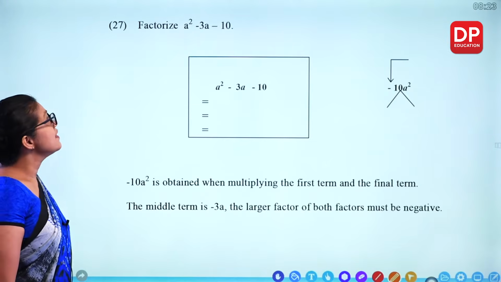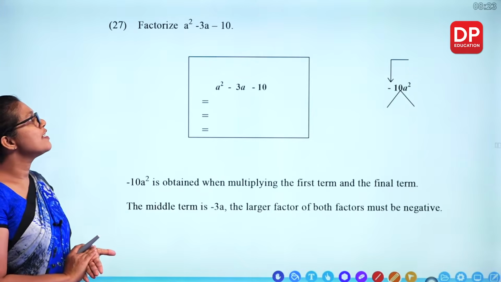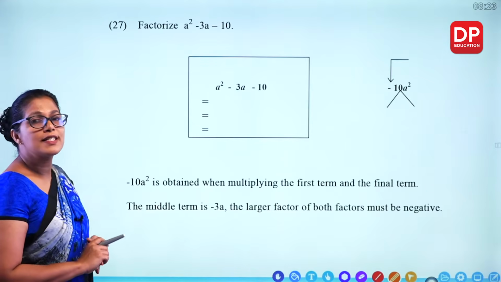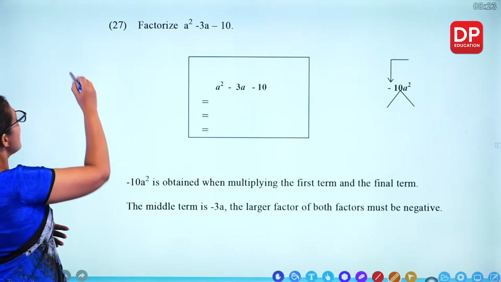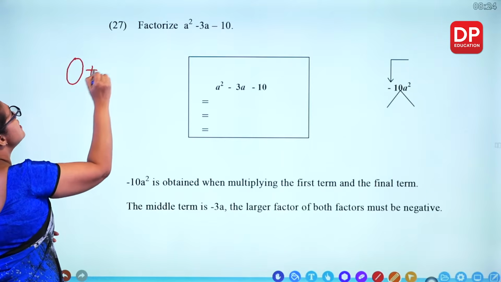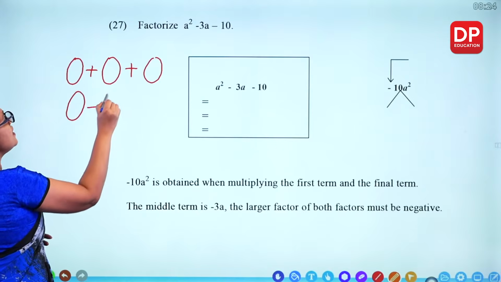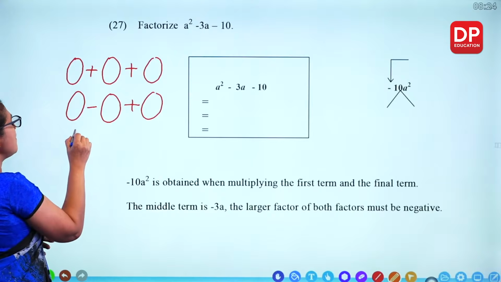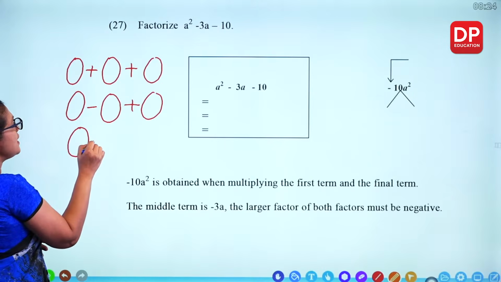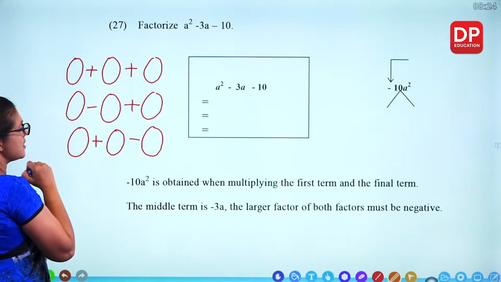Now what happens in this one? Middle term is also negative and also the constant term is also negative. So we'll revise what we did. We did all positive, then we did middle term negative and the last term positive, and the third one we did middle term positive and the last term negative.